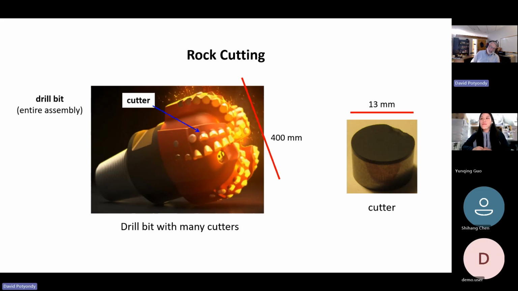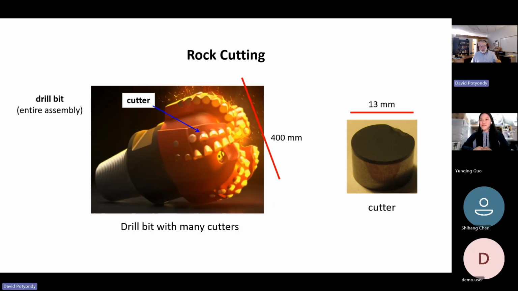When it does that, if everything works well, it starts chipping in front of it, little pieces of rock chips form and break free. Now, the last thing that has to happen is, if you just did this at the bottom of a hole and you started forming those chips, very quickly the whole thing would fill up with broken chips. And you'd be stuck.